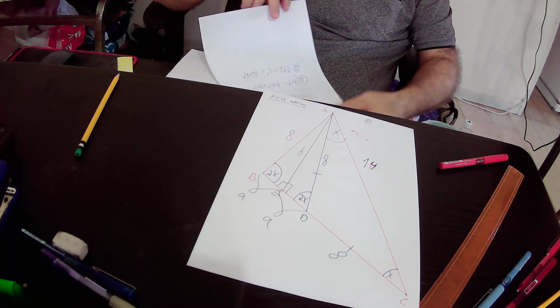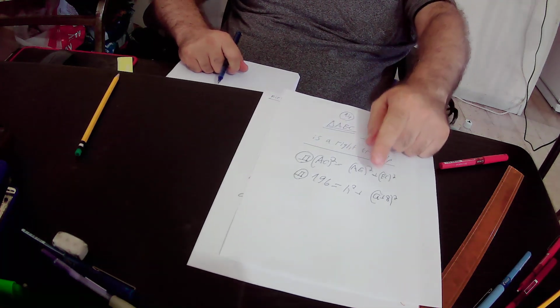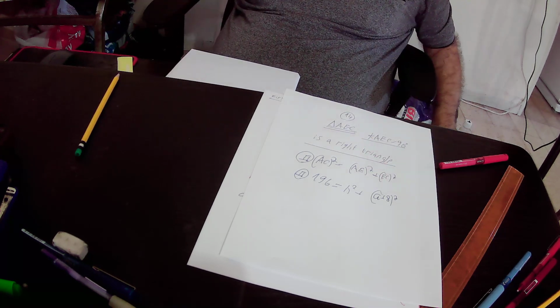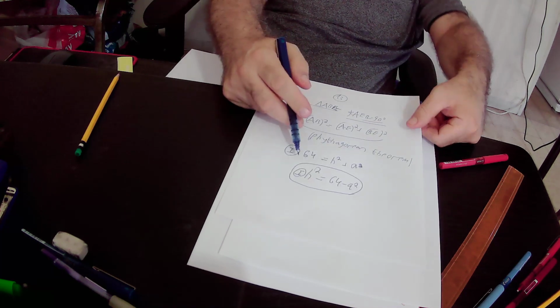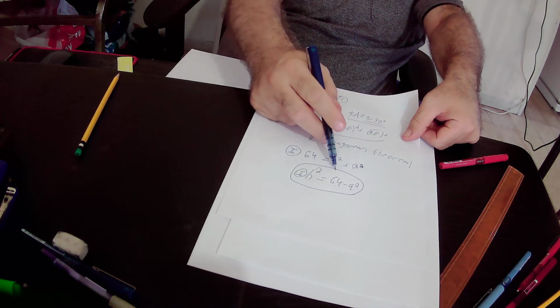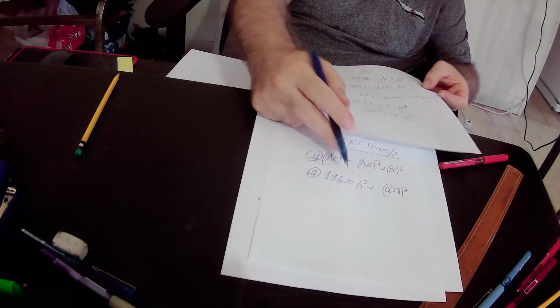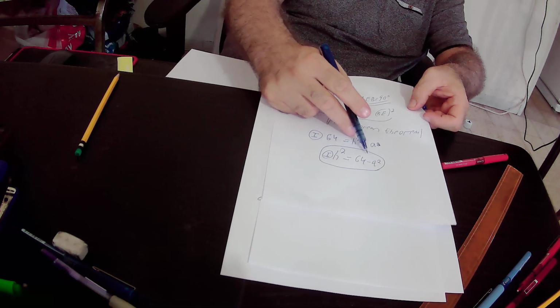Okay, so equation number 2 states that 196 equals A square plus (A plus 8) square. But we have already found out, according to equation number 1, that 8 square equals 64 minus A square. So we can substitute A square by 64 minus A square.